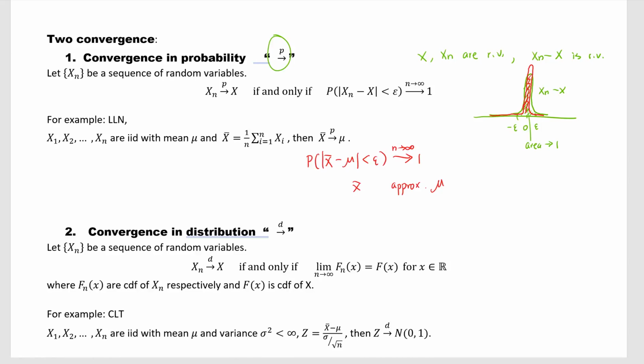Suppose F_n are the CDFs of X_n respectively, and capital F is the CDF of X. Convergence pointwise means that for each x, the CDF of X_n gets closer to the CDF of X.